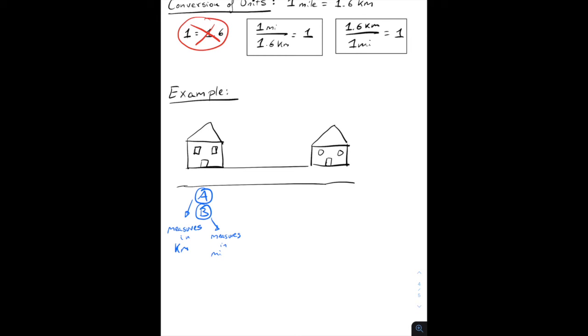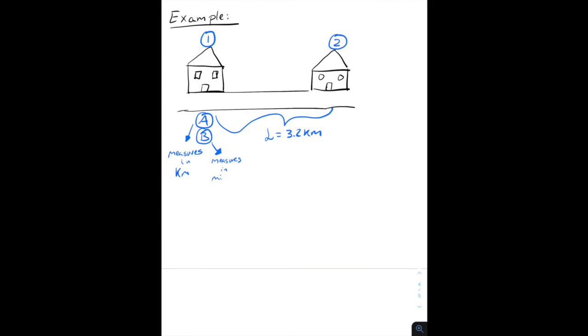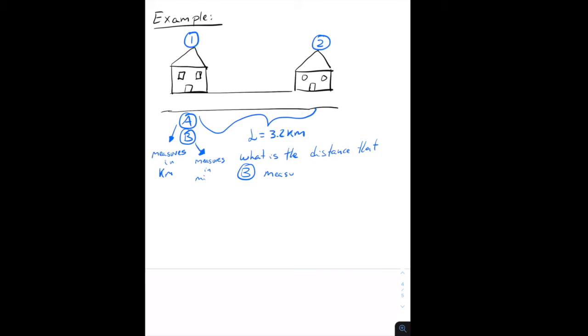My question is the following: if person A measures the distance from house 1 to house 2, and he measures the length to be 3.2 kilometers, what is the distance that person B measures in miles?